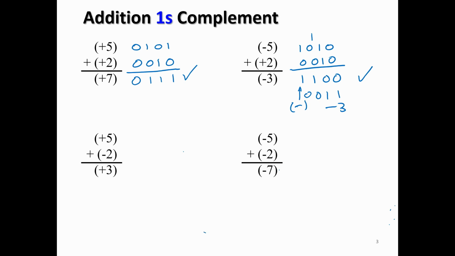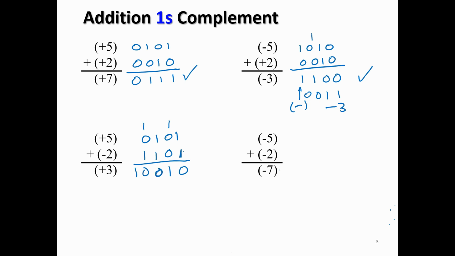Let's see the next two cases. Positive 5, 0101, and negative 2. Again, we need to convert from the positive 2: we invert all the bits, so 1101. And then we add: 1 and 1, that's 0, we carry 1. 1 and 1, that's 0, and we carry 1, 0, and we carry 1.